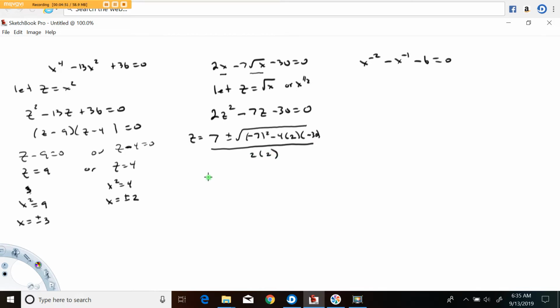All right, cleaning this up a little bit, that's going to be 7 plus or minus the square root of, so that's going to become a positive 49. And what do we have under here? 8 times 30.